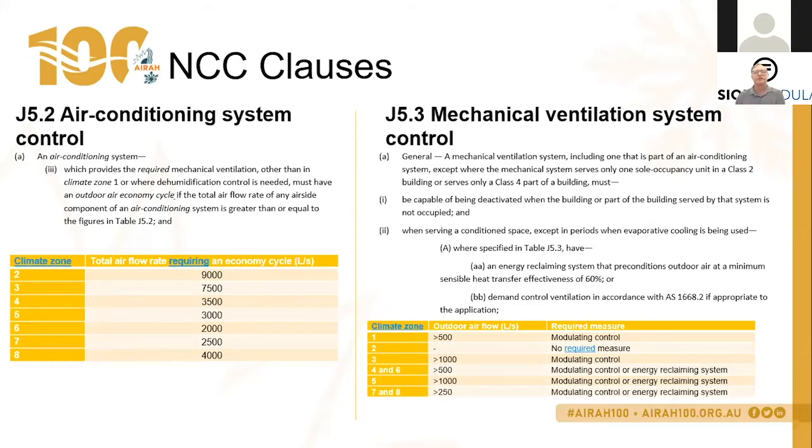You can use those types of systems, and also apply CO2 control on your outside air demand. You do still have to comply with AS 1668 and Part F4, and the maximum outdoor air rate under a demand control is still 20% above the 1668 minimum, as per the code.